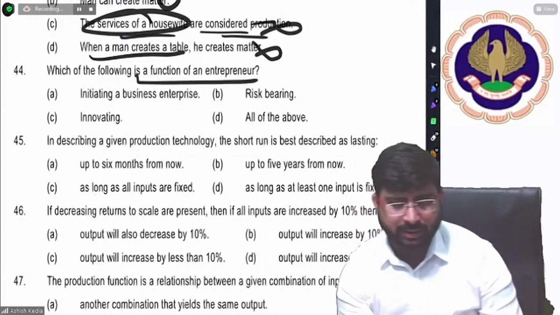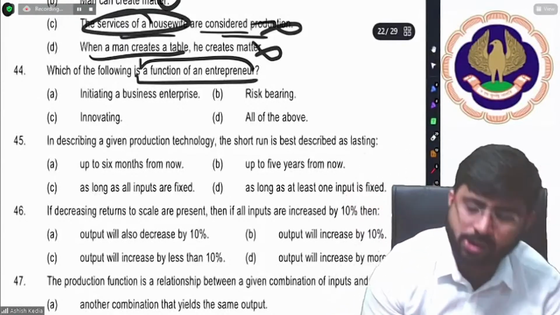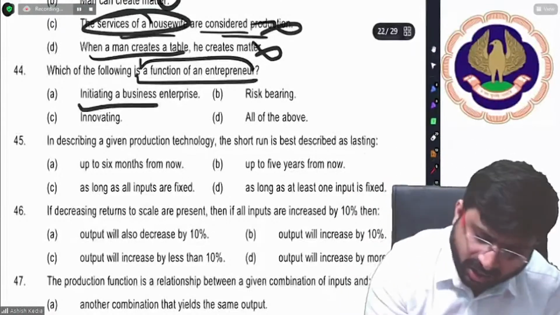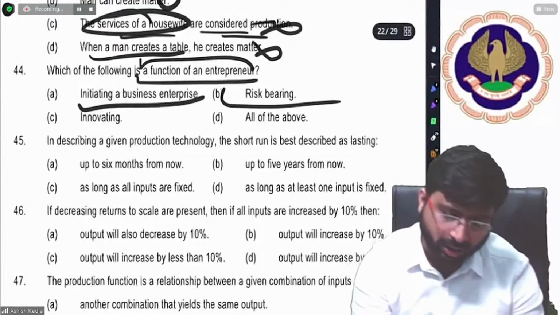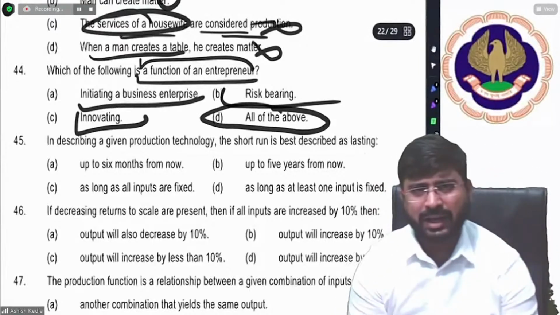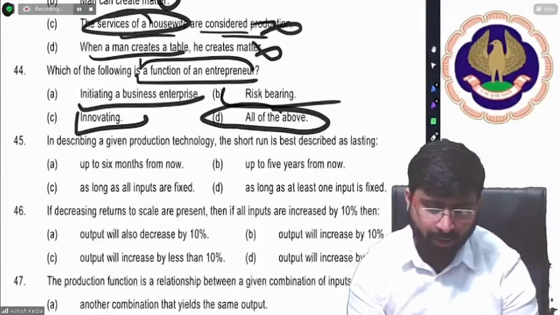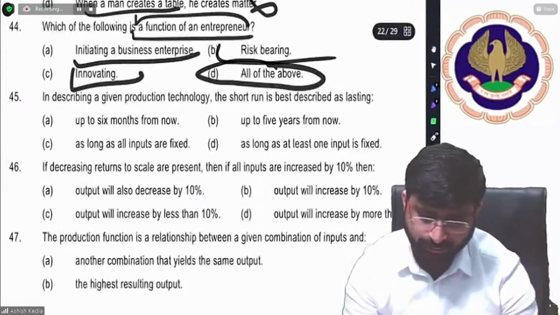So see, the question is, which of the following is a function of an entrepreneur? Initiating a business enterprise, yes. Risk taking, yes. Innovation, yes. So all absolutely correct. All seems to be the correct answer.